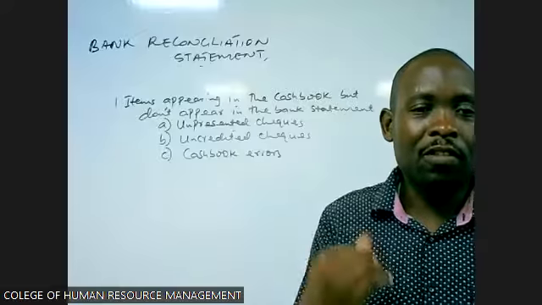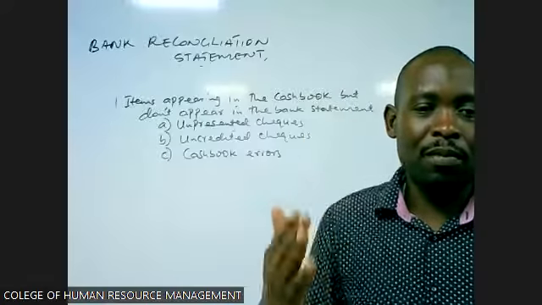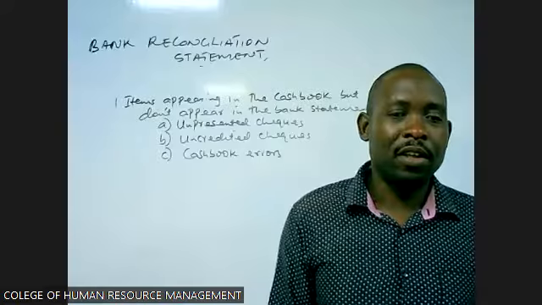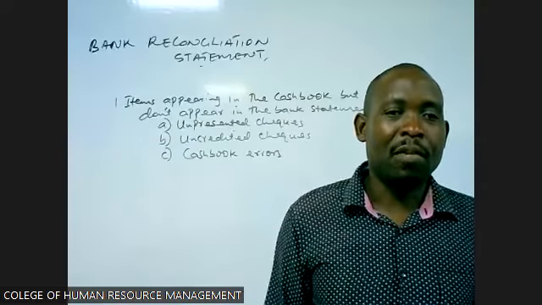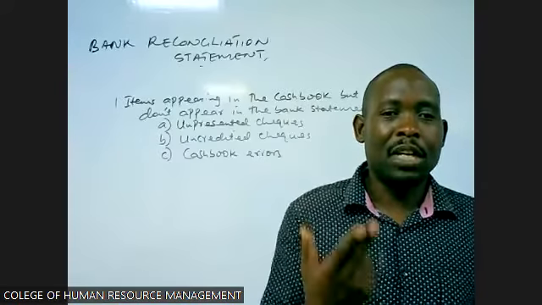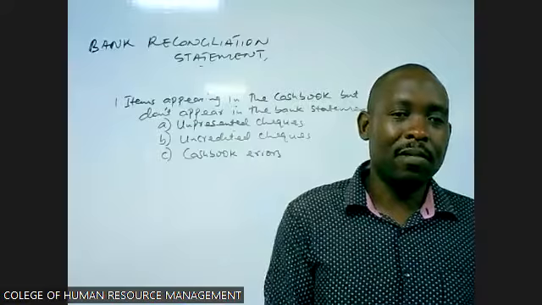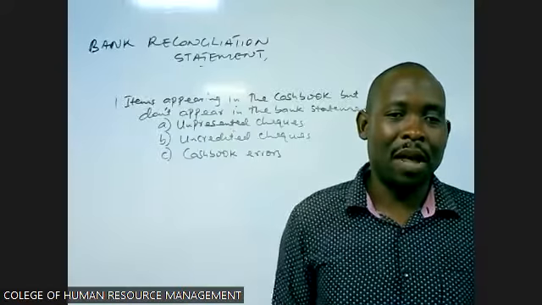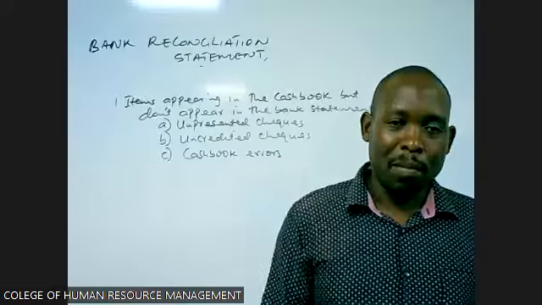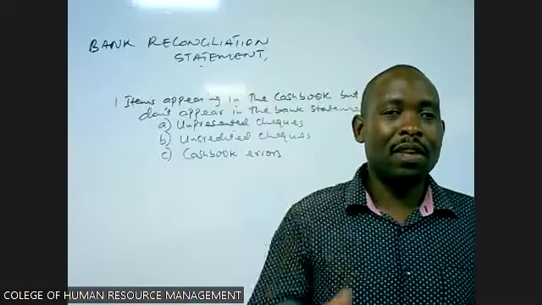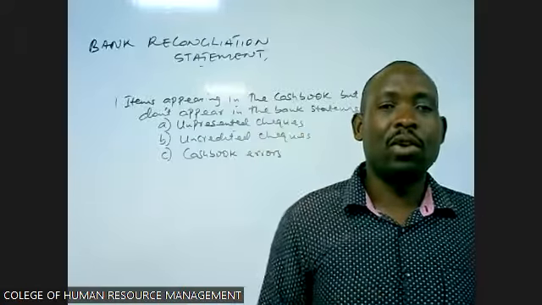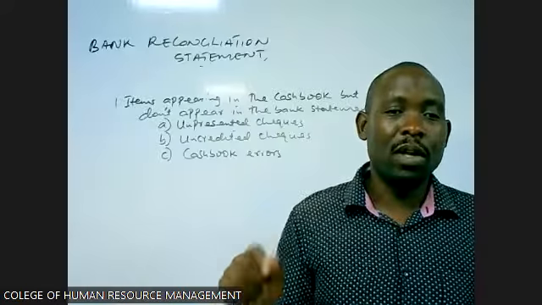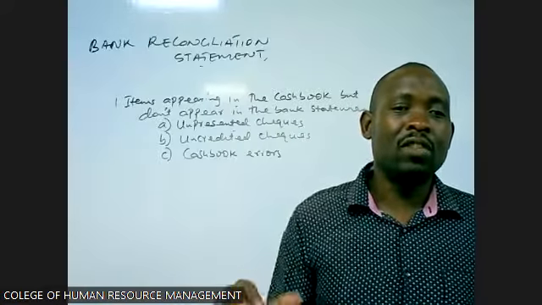So if I take the check on the 30th of January, that is a check that I have deposited. Probably it is a check from another bank. It might take 2 days before money reflects in my account. So if I deposit on the last day of the month, probably if I request the bank statement for that month, that check will not be there because it is not yet cleared, so it is not yet credited.